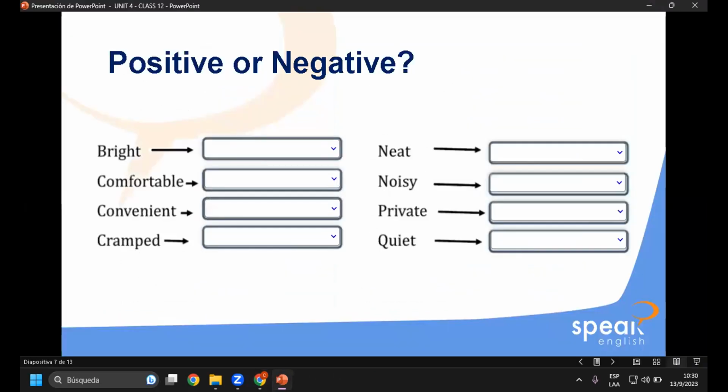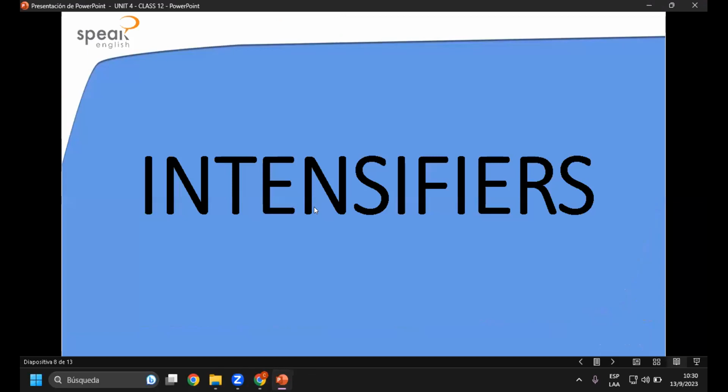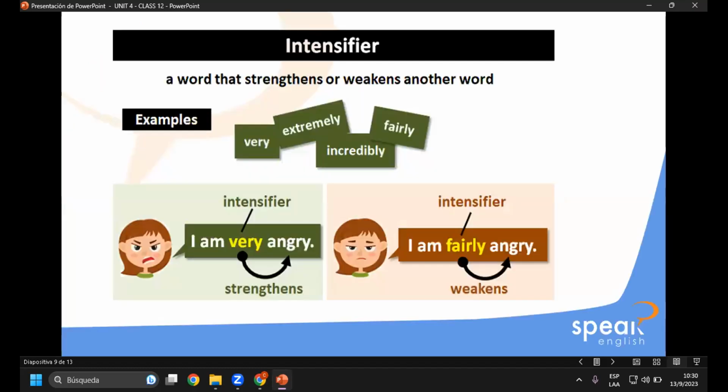Okay, now when we are describing cities, we can also use intensifiers. Have you ever heard this word, intensifiers? Yes? No? Maybe? Okay, let's find out what this is. Intensifiers are basically, guys, words that strengthen or weaken another word.